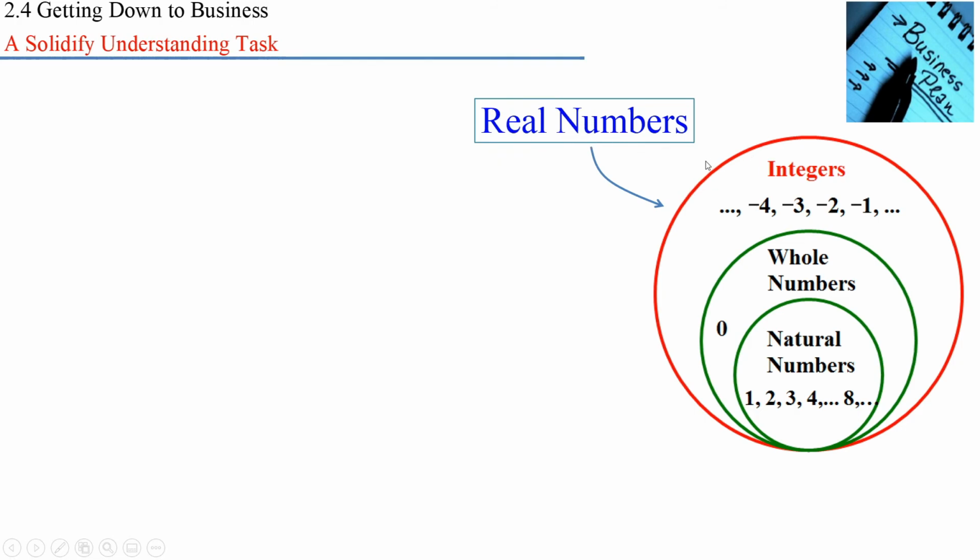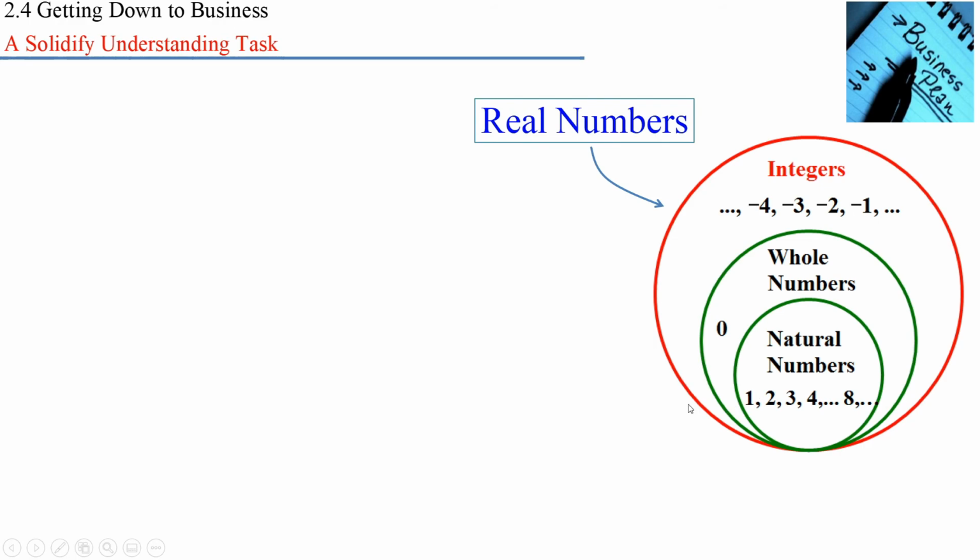All of the numbers you see in this Venn diagram are real numbers. Within the set of real numbers, you have the set of natural numbers. Those are your counting numbers. Then the whole numbers would be 0 and all of the natural numbers. And then integers would contain your negatives as well: -4, -3, -2, -1, and then 0, 1, 2, 3, 4, and so on.